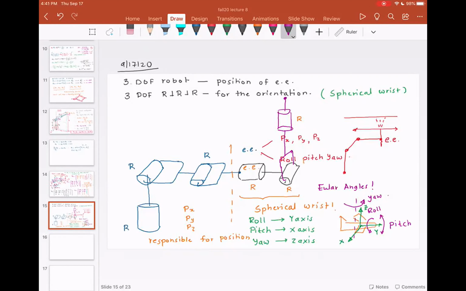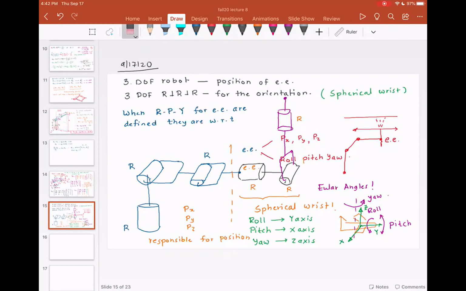And whenever roll, pitch, and yaw for the wrist is defined, this is very important, and I need to write this down. Whenever roll, pitch, and yaw, RPY, for the end effector are defined, they are with respect to Z0, X0, and Y0.